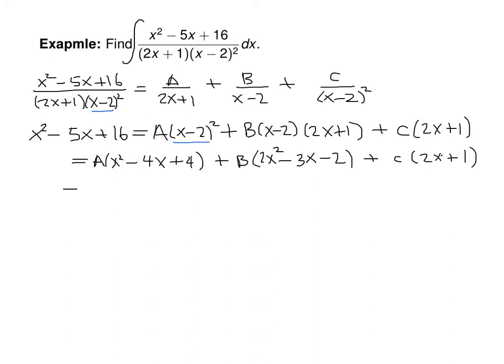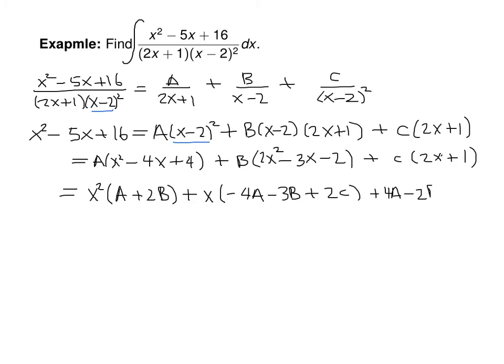And then c times 2x plus 1. And I'm going to gather the x squareds together, so we'll have x squared times a plus 2b. And then the x's, plus x times negative 4a minus 3b plus 2c. And lastly, the constants will have plus 4a minus 2b plus c.